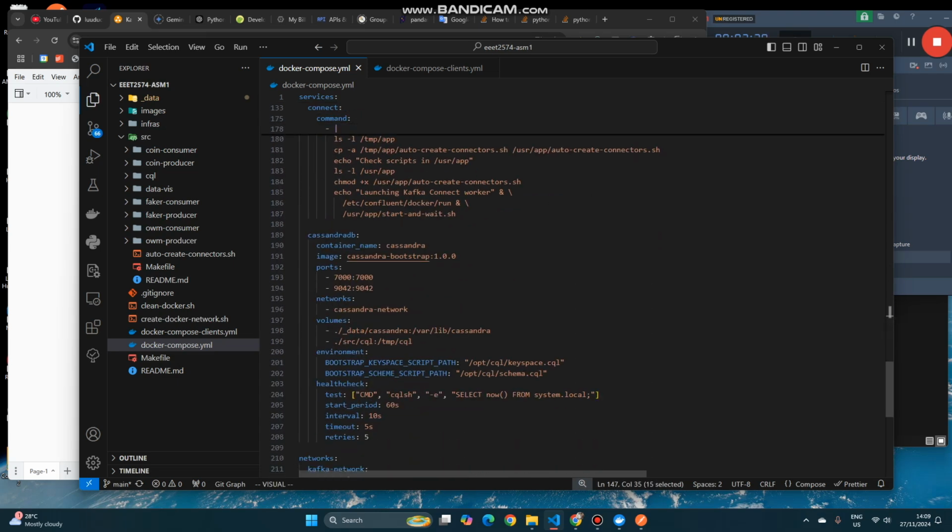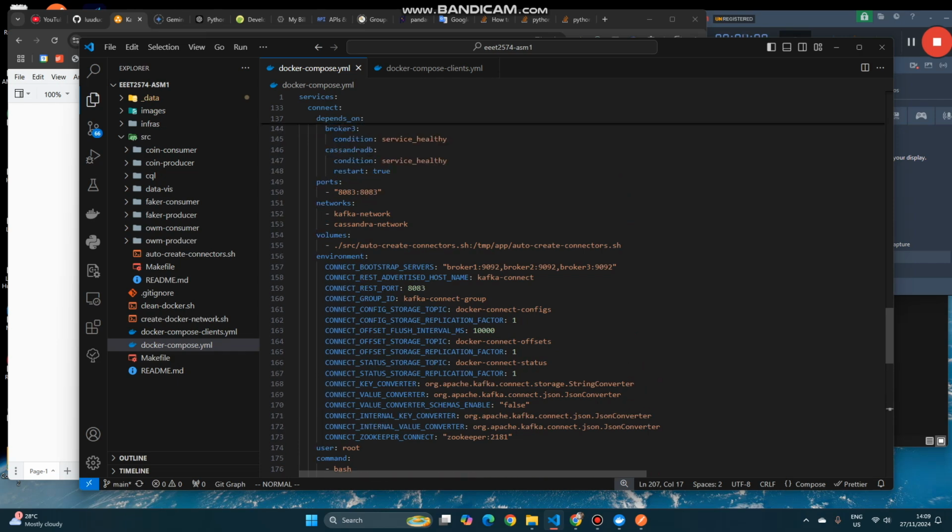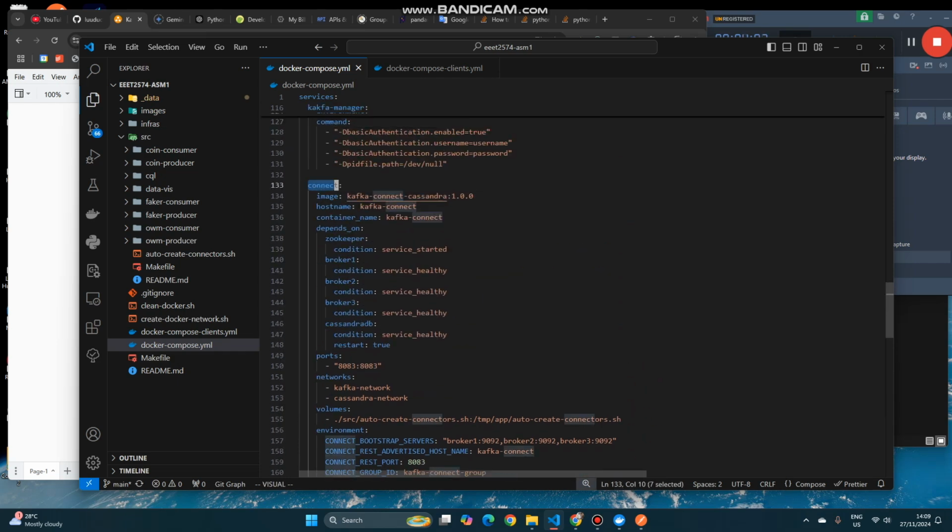The Cassandra DB is here. To indicate that the Cassandra DB is healthy, we have the health check to run the CQL shell to select the local time. This health check is going to be run 5 times to make sure that the Cassandra DB is healthy. And then if everything is healthy, the Kafka Connect is run.